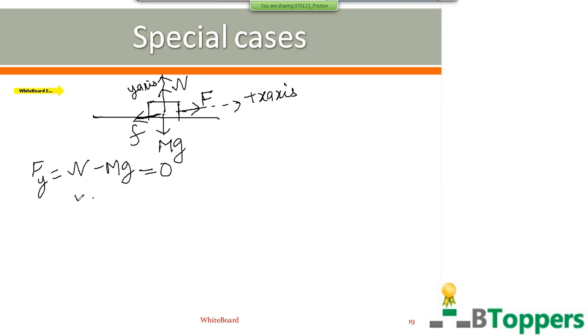Then we can write the y component of the resultant force on the block is 0. So the magnitude of the normal reaction on the block is the same as the magnitude of its weight mg. So the magnitude of the limiting friction between the block and the floor, meaning the maximum value of the static friction, is equal to mu s into N, or mu s into mg.